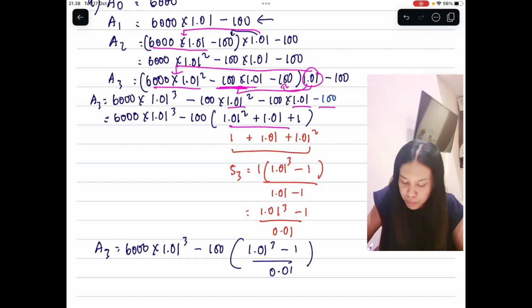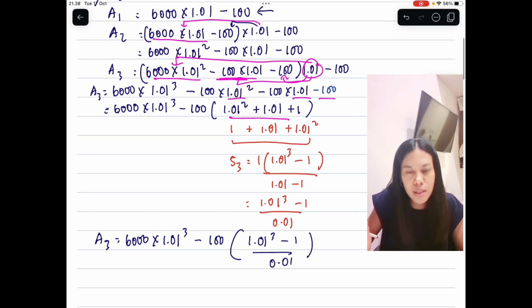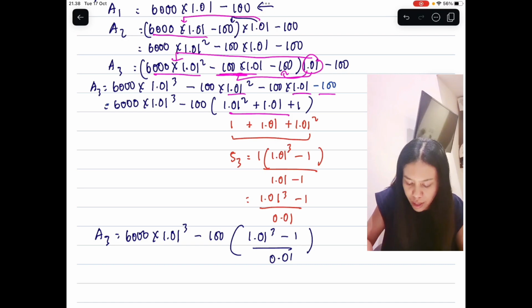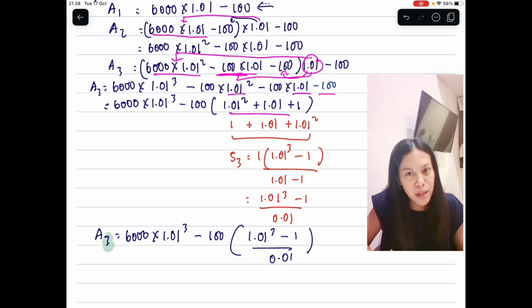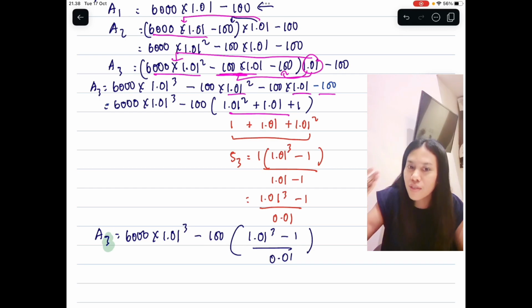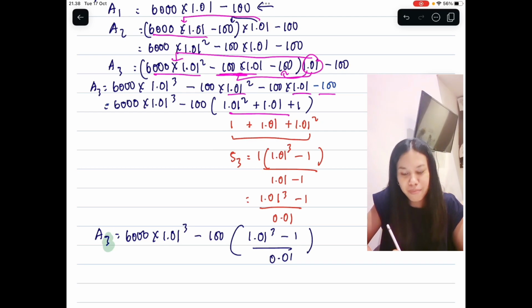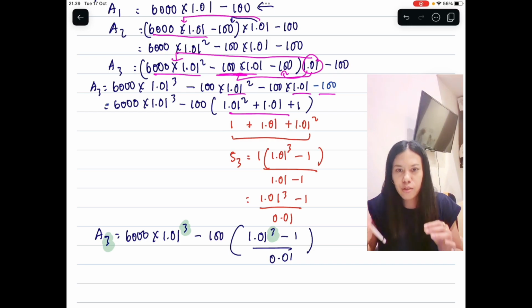Okay, I want you to try to see the pattern here. A3, the amount of debt after the third payment, is 6,000 times 1.01 to the power 3 minus 100, and then inside the bracket 1.01 to the power 3 minus 1 over 0.01. So there's a 3 and a 3 and a 3.